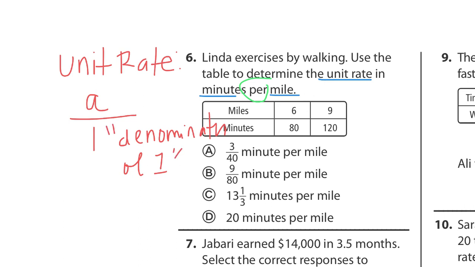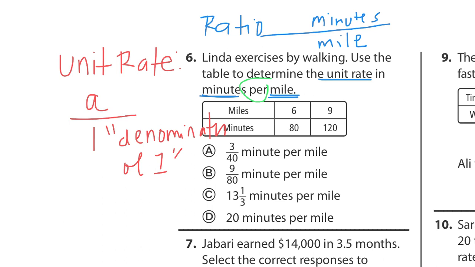Okay? Let's look at the ratio that we need to create. So here, the ratio asks for minutes over miles, or minutes per mile. So I'm going to put minutes per mile.